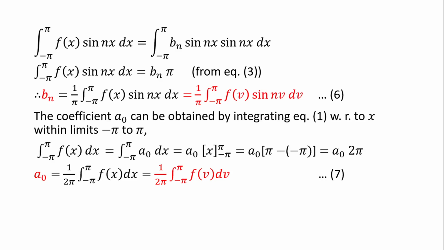In this way we obtained values of coefficients an and bn, and in order to find the value of coefficient a0 let us integrate equation 1 with respect to x within limits of integration minus pi to plus pi.